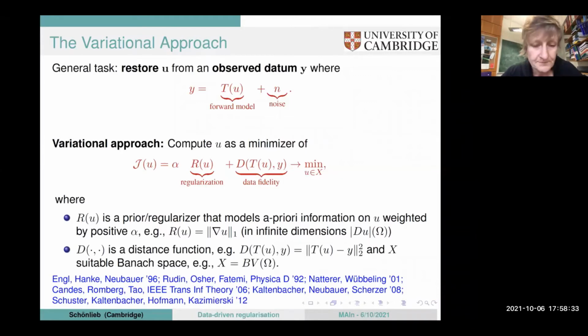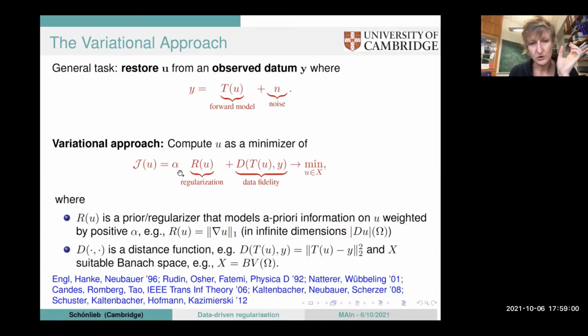This has been extremely popular in inverse problems and image processing, and was really popularized by the paper by Rudin, Osher and Fatemi in 1992.